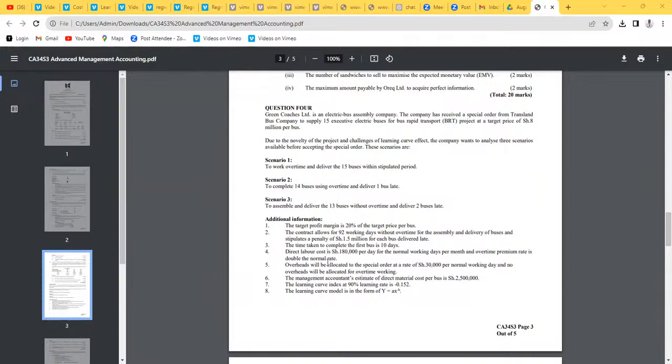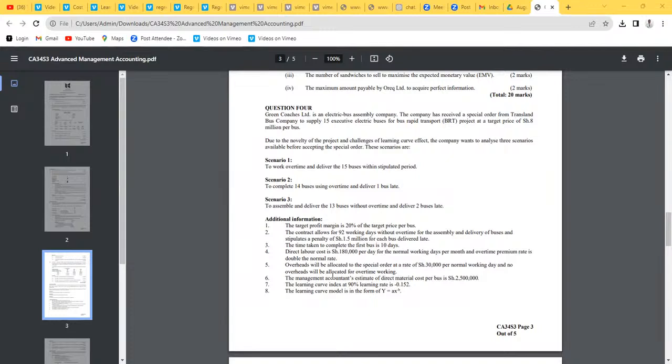Direct labor cost is shillings 180,000 per day for the normal working days per month, and the overtime premium rate is double the normal rate. Overheads will be allocated to the special order at the rate of 30 shillings per normal working day, and no overheads will be allocated for overtime working.